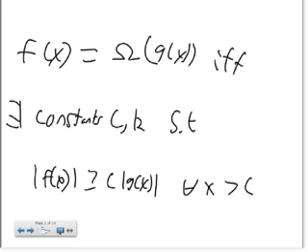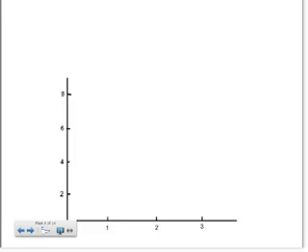This is saying the opposite. You're putting a lower limit on the value of f of x. And so f of x is going to be growing faster than c times g of x. So you can illustrate this with a graph.